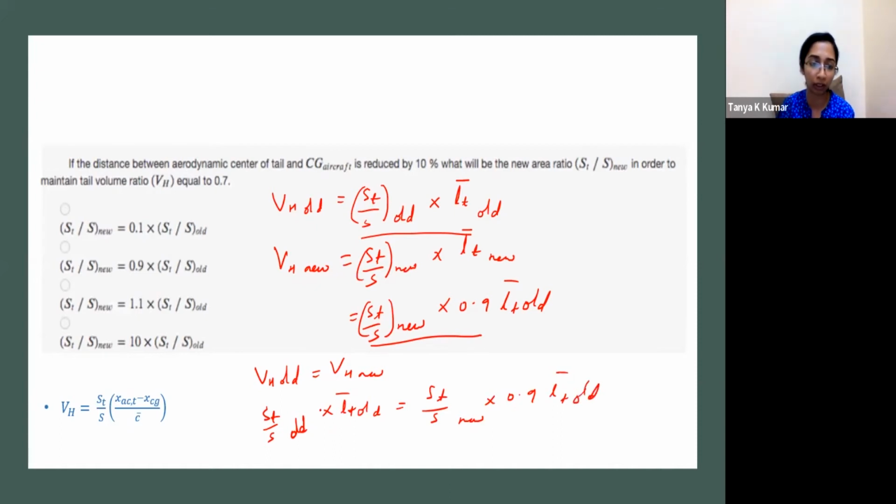So what is the relation? What is the correct option? How is the area ratio of the old configuration related to the new one? All the values are here. Just which option is correct? Third. Okay. Third. Just verify. Right, okay.